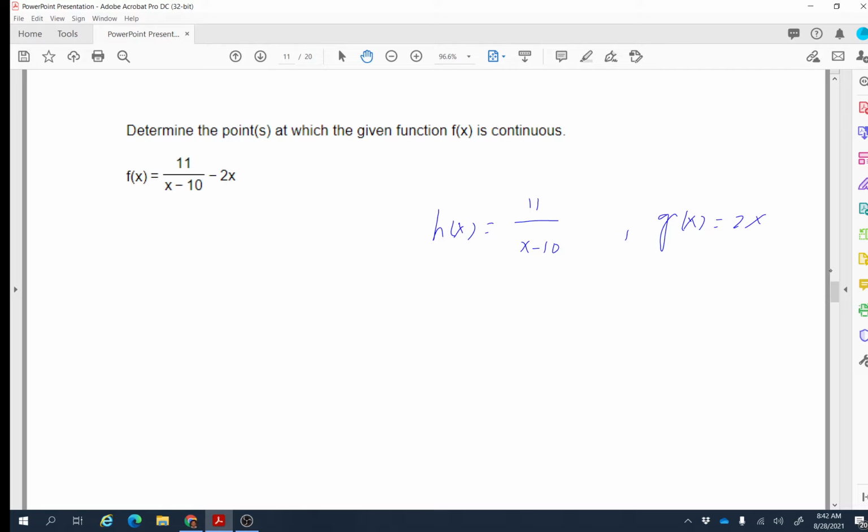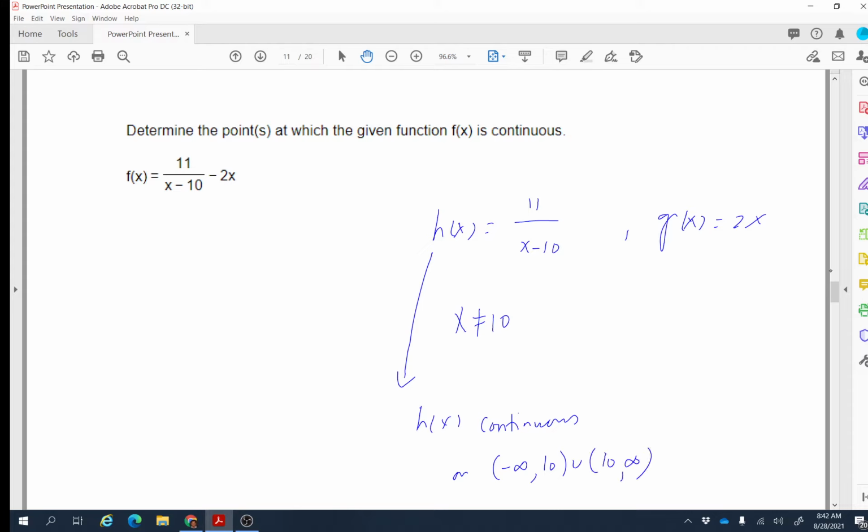We can see that it is continuous everywhere except 10, because at 10 the function would be undefined. Continuous from -infinity to 10, union 10 to infinity.